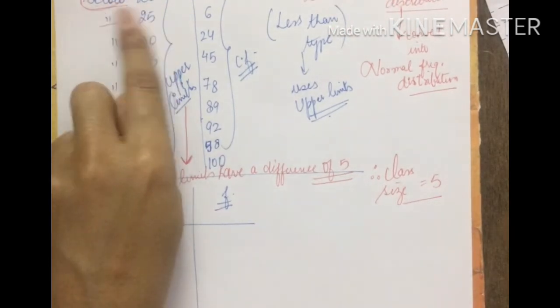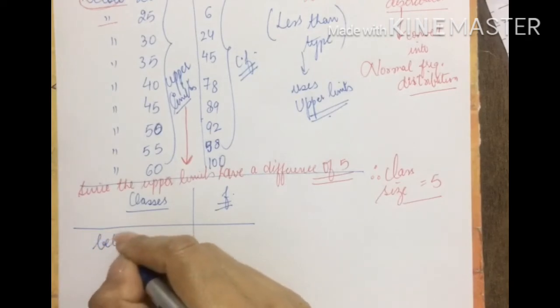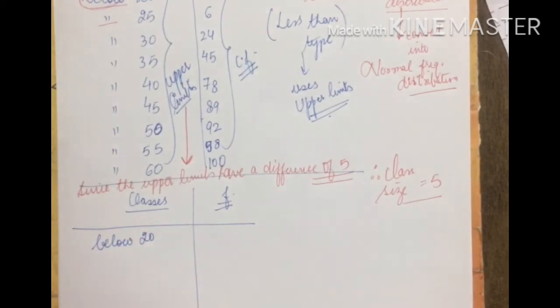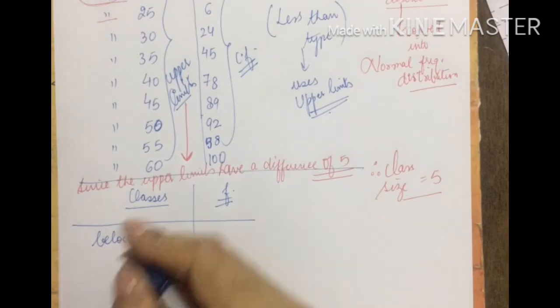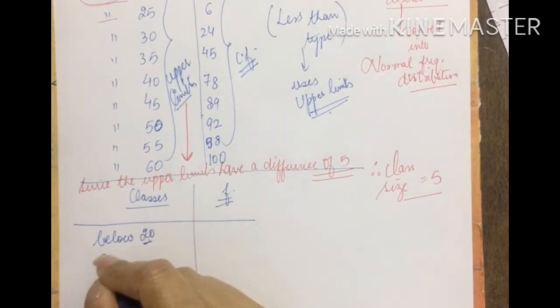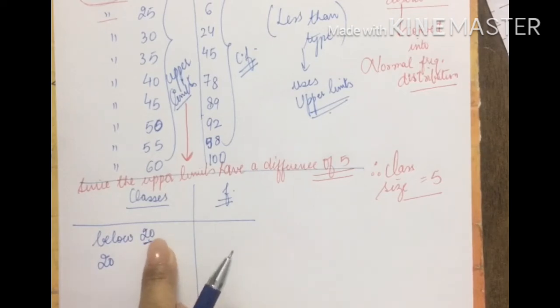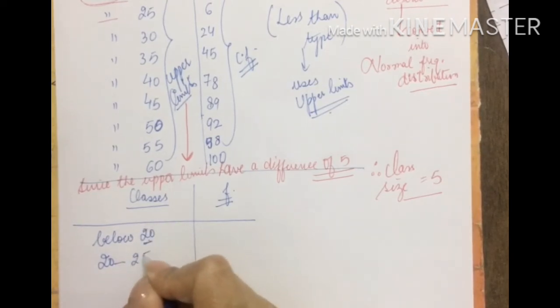We will not change the first class, we will just keep it the way it is, because its age in years below 20 is possible. There are so many values possible and we don't want to create a class on our own. But for the next class interval, we start from here. This is the upper limit. It becomes the lower limit for the next class, 20 to 25.